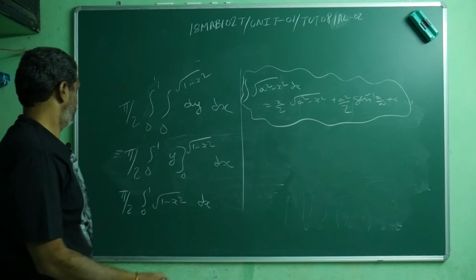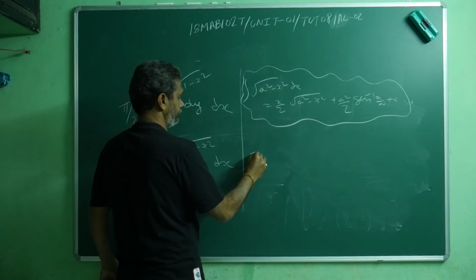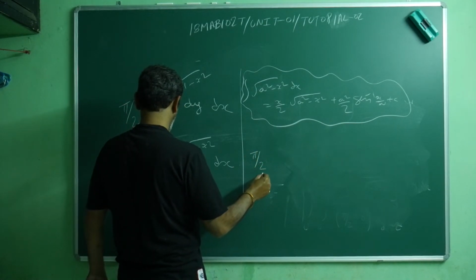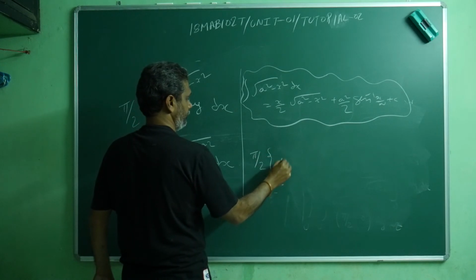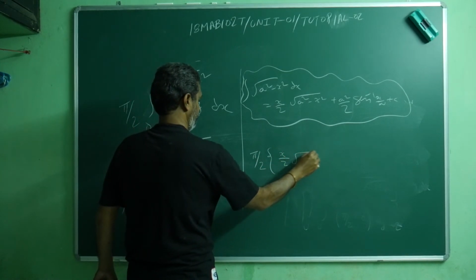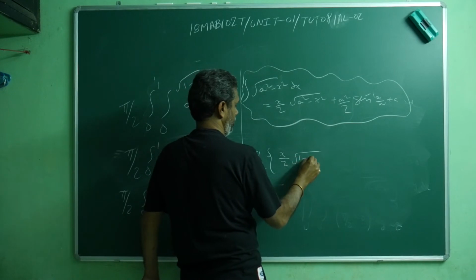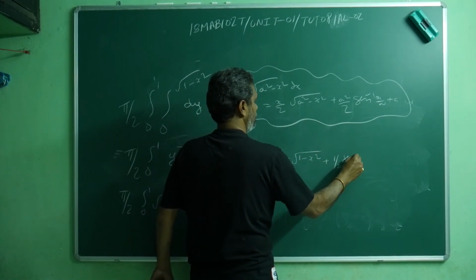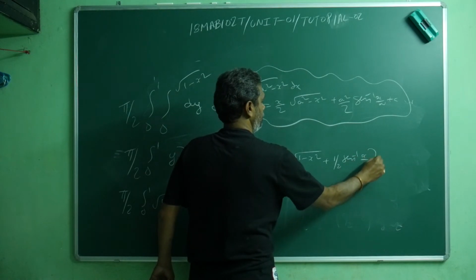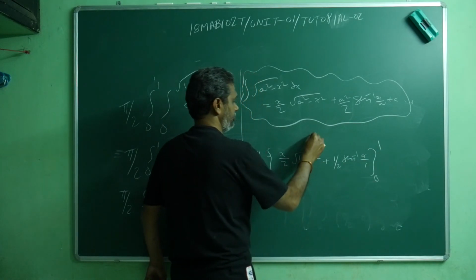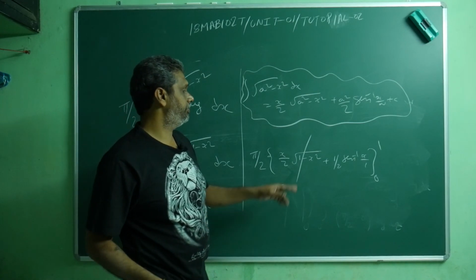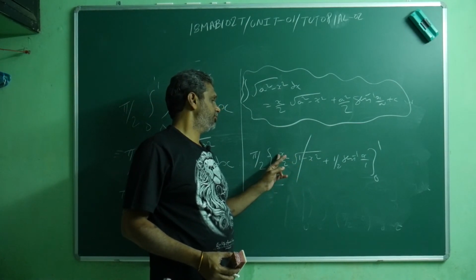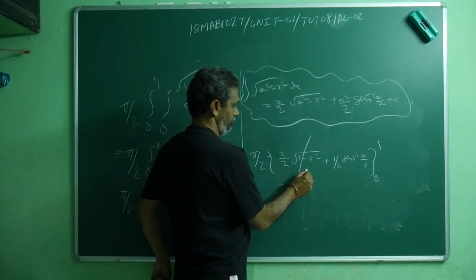Now write what you will get. Pi by 2, x by 2 same thing, root of 1 minus x square plus 1 by 2 sine inverse x by 1, 0 to 1. This is waste. If you apply upper limit, 1 minus 1 is 0, lower limit 0, so this whole thing is equal to 0.